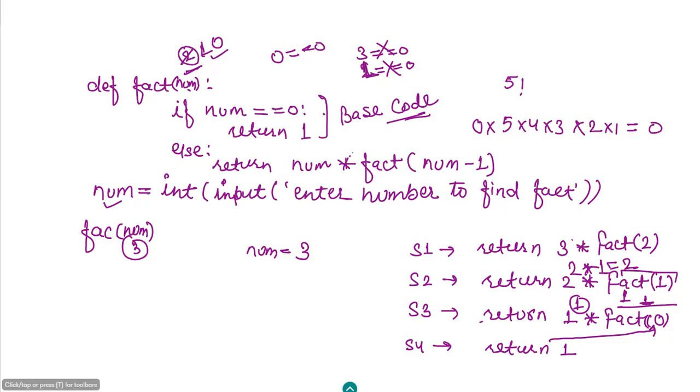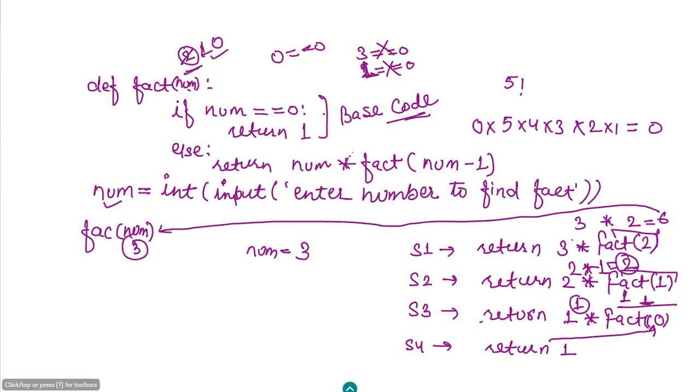Now it will return 2 to that function, so you will get 2 multiplied by 3, which will be 6, and this 6 will return to here.